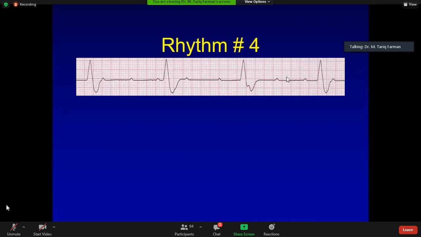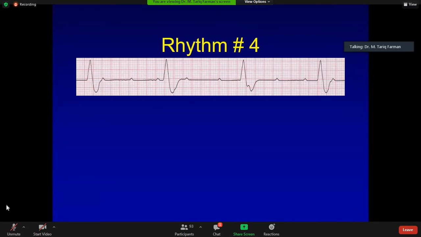The rate of the P wave is different from the rate of the QRS complex. The QRS rate is less than 40, and the P wave rate is 80, with a variable PR interval. So it's called AV dissociation.